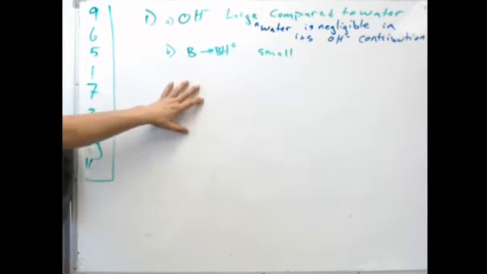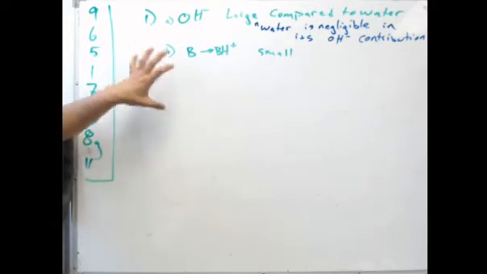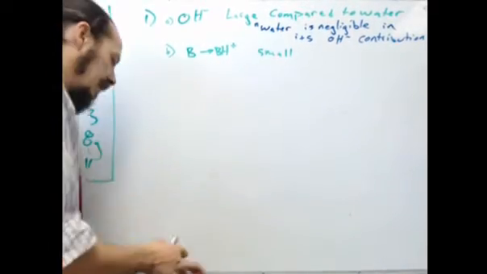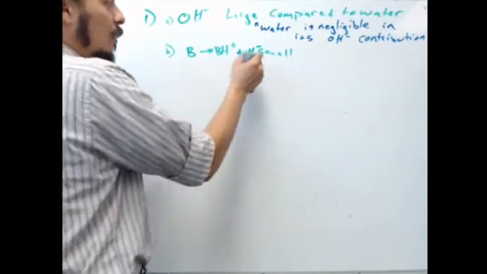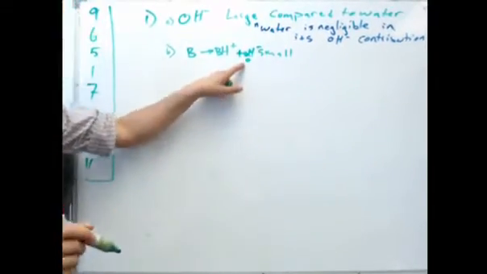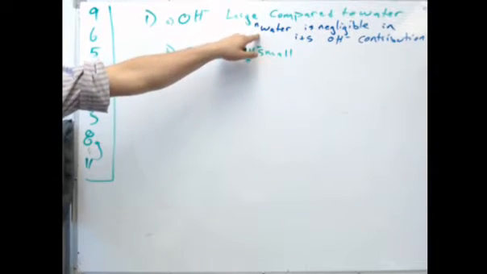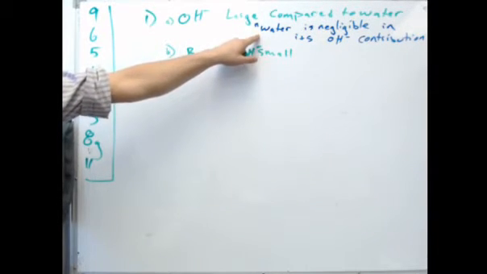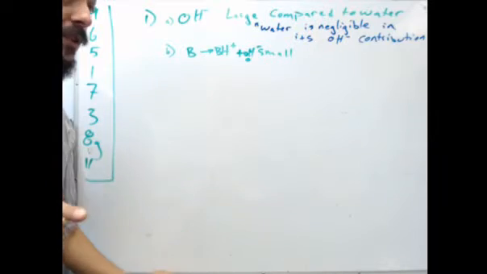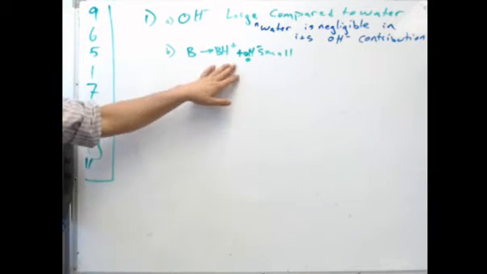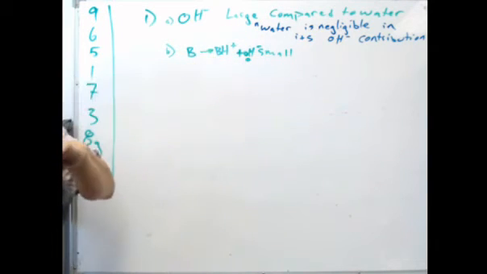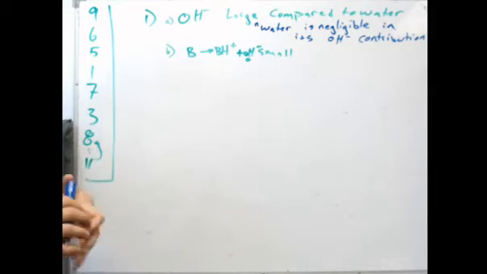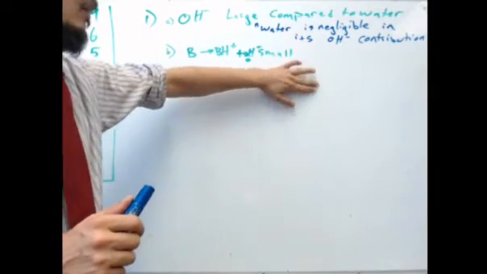When we write down our ice tables, when we write B goes to BH plus and OH minus, we say it's okay to start with a 0 on the OH minus because the amount that water is going to auto-ionize is small. And that is generally true as long as we're not dealing with a really, really low concentration or a really, really weak acid. Generally, that's going to be okay.